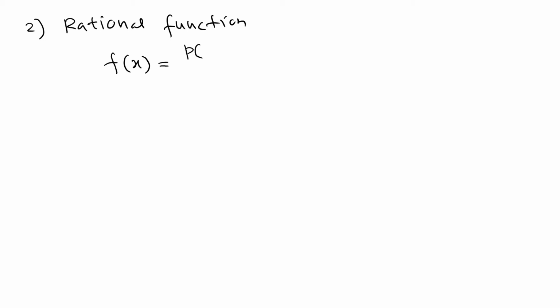We write them as a ratio of two polynomials, which we talked about earlier. So we divide two polynomials, and both are polynomials. That's what we call a rational function. Now there's no problem from the numerator. The problem is from the denominator, because the denominator polynomial can be 0. That's what we're trying to avoid.